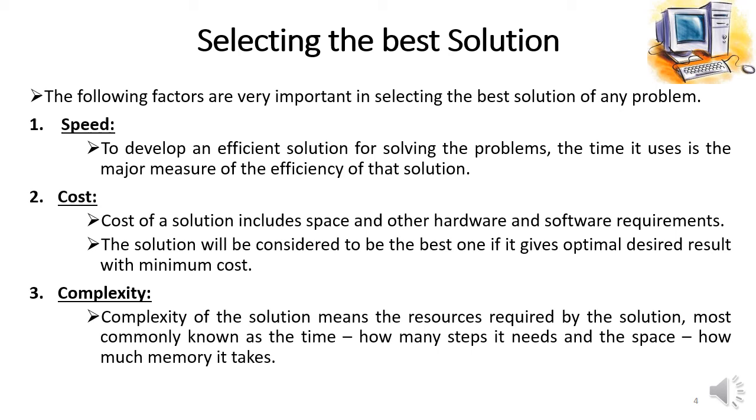And third, complexity, how much time it takes from the CPU, how many steps it performs to give the solution of the problem, and how much memory space it occupies while solving the problem. These are the three factors for selecting the best solution of the problem.